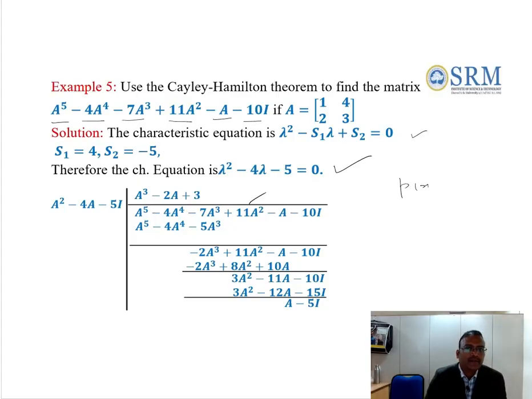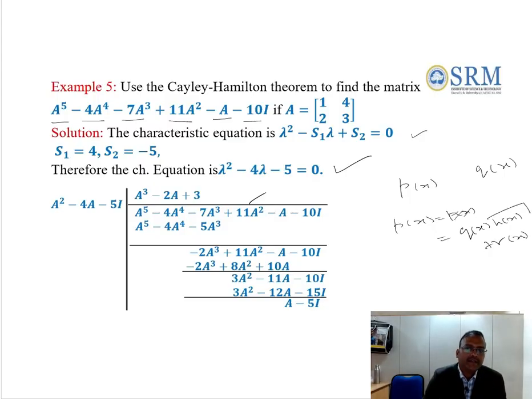Suppose P of x is a polynomial and q of x is a divisor, then P of x can be written as the divisor into the quotient polynomial, let me call this h of x, plus the remainder polynomial r of x.